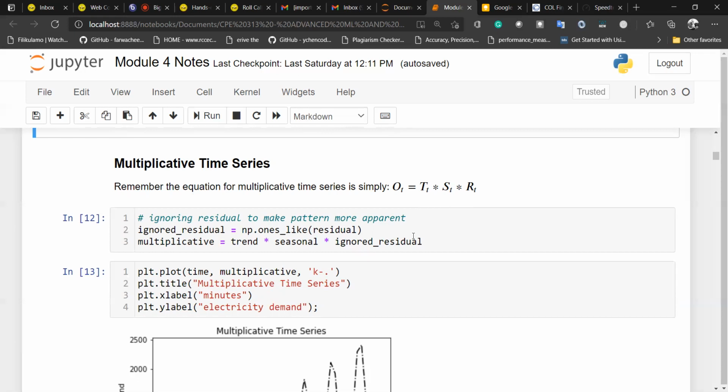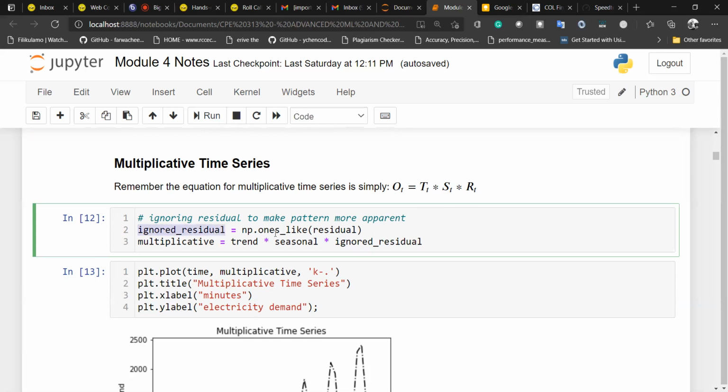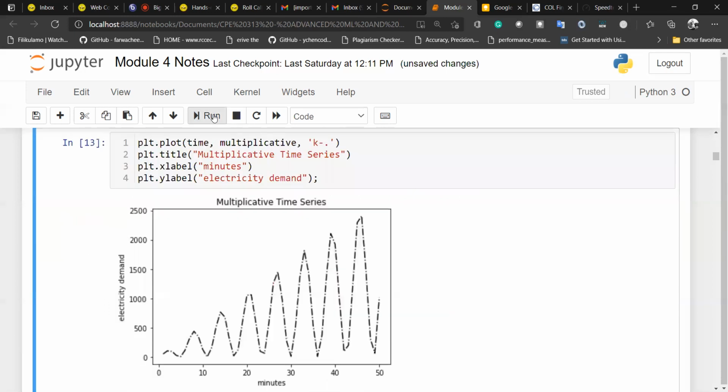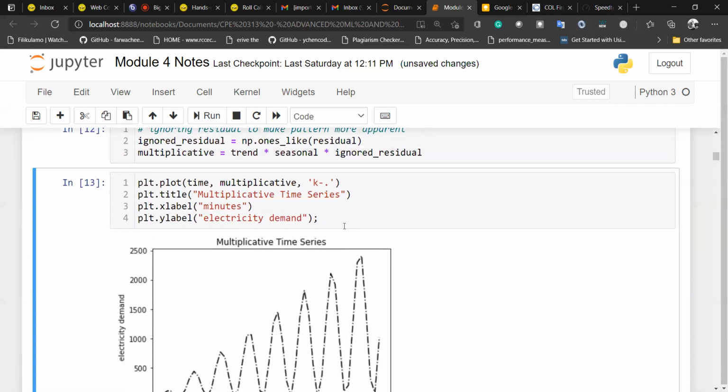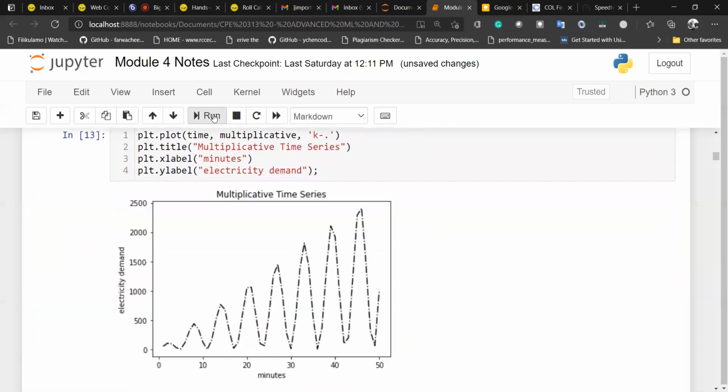Ignoring the residual to make the pattern more apparent, we created a value that ignores the residual by multiplying the trend and seasonal. So our multiplicative will be equal to the product of the trend, seasonal, and the ignored residual. And the plot of that is the image that you can see here.